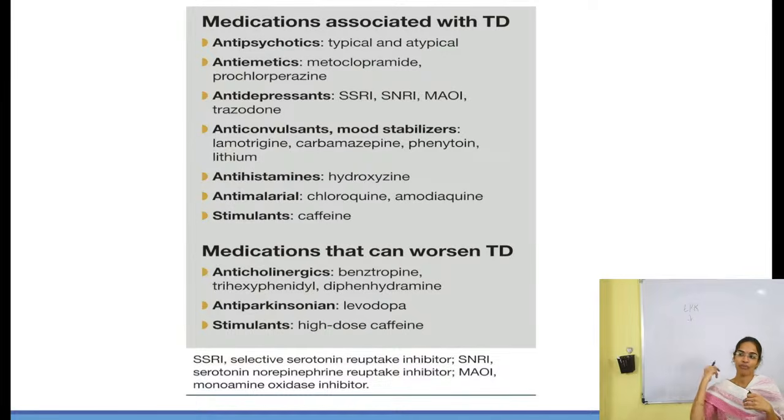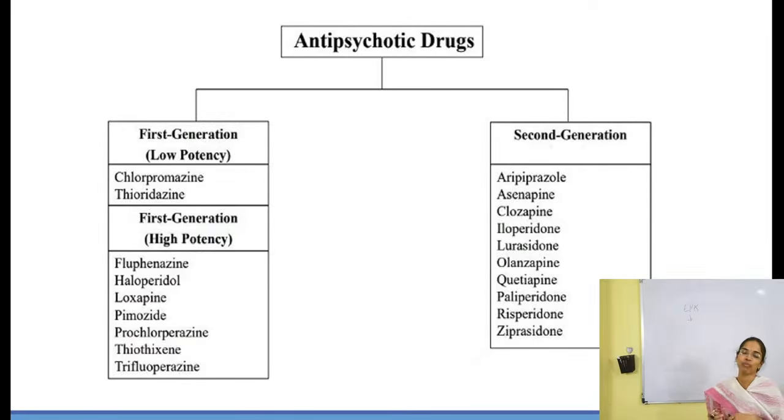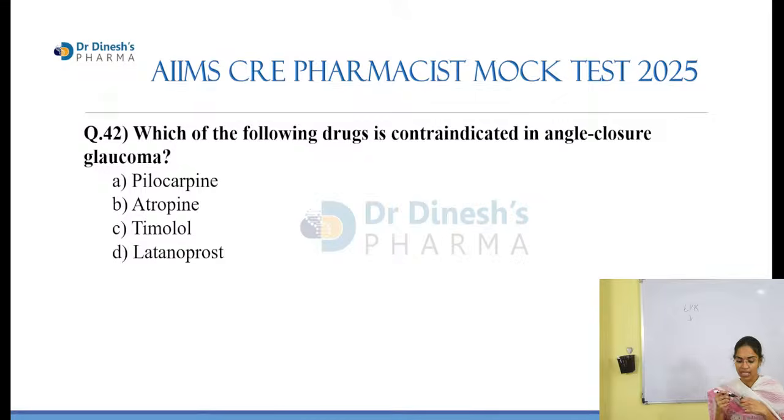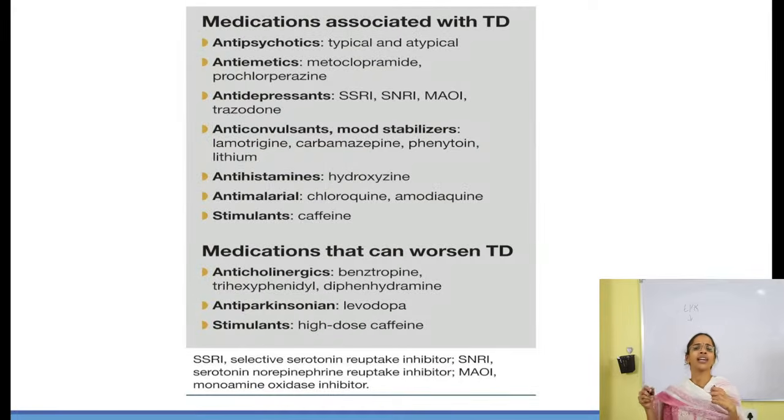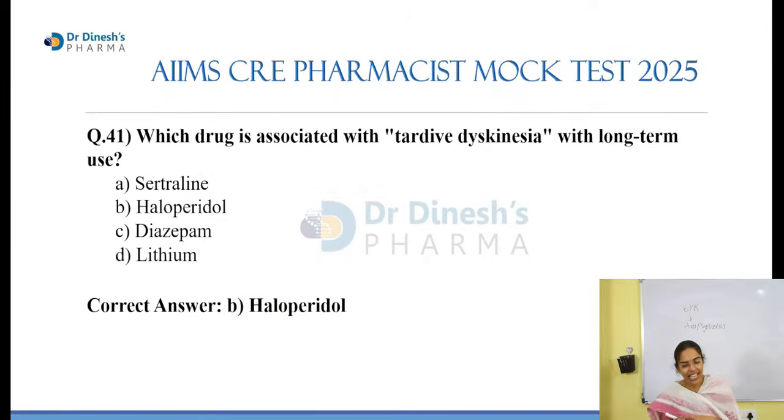Okay, EPS or EPR, they are called extrapyramidal effects, which are usually caused by antipsychotics. So haloperidol here is an antipsychotic agent.